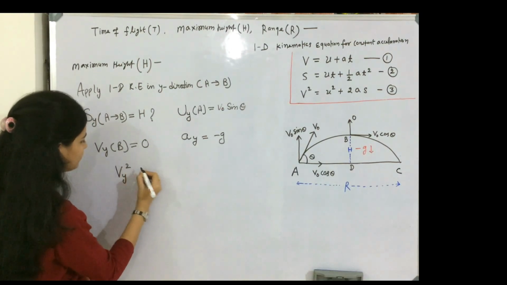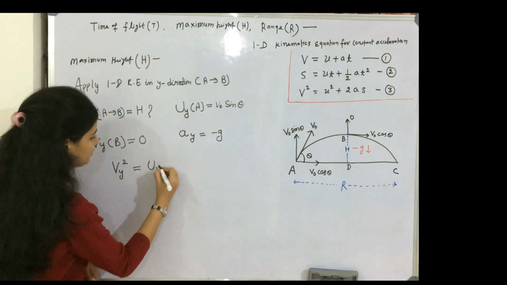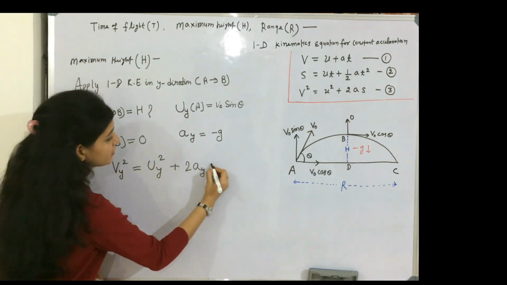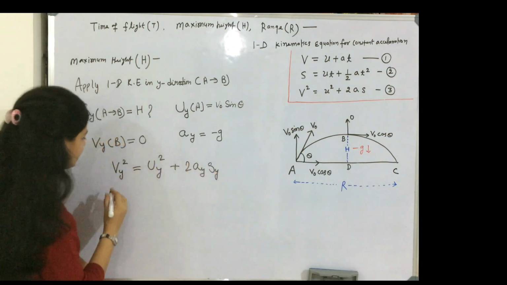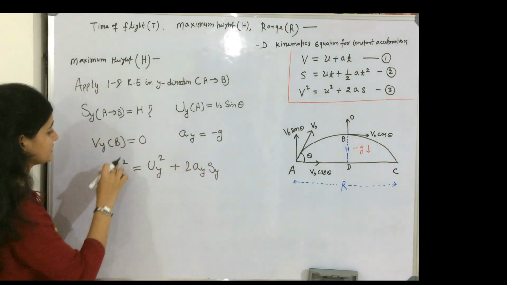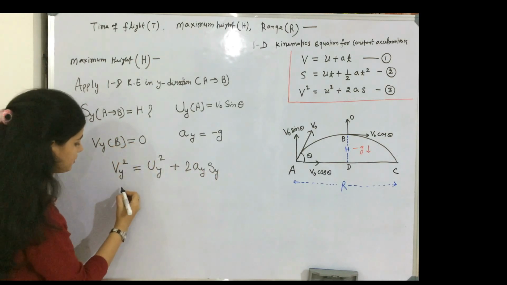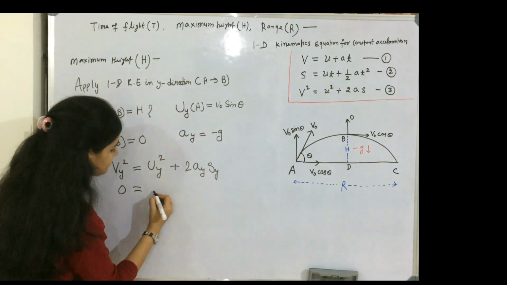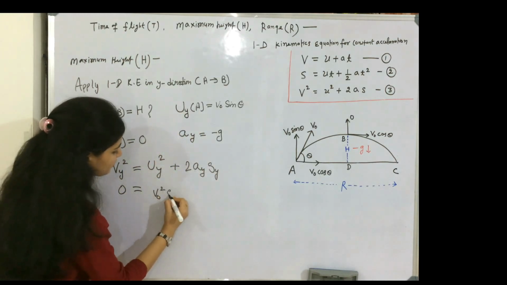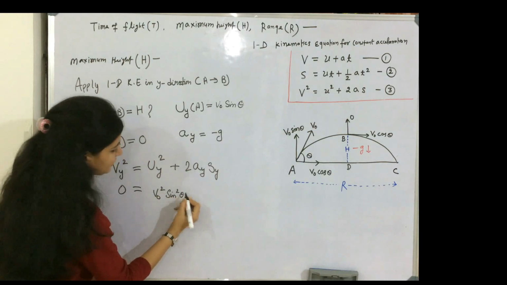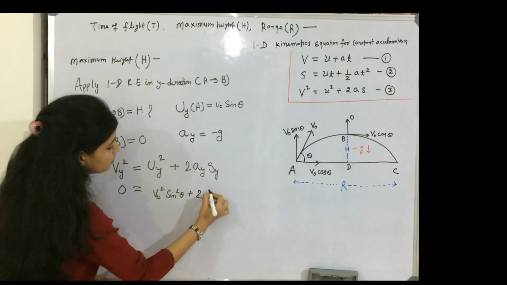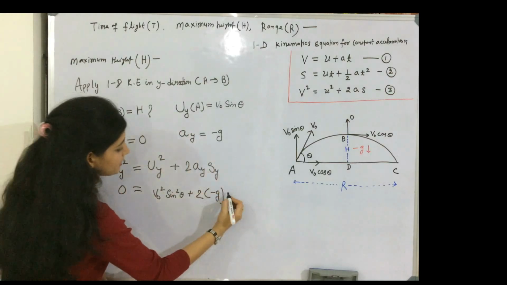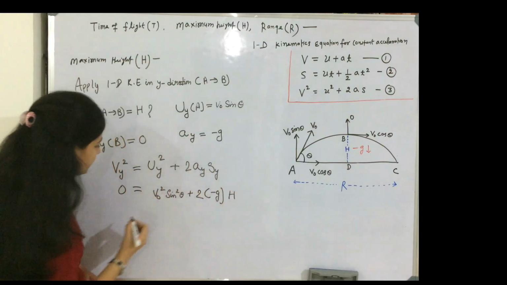So Vy square equal to Uy square plus 2Ay Sy. The final velocity at point B is 0. Initial velocity at point A is V0 sin theta, so 0 equals V0 square sin square theta plus 2, acceleration is minus g and Sy is capital H, which we need to find.